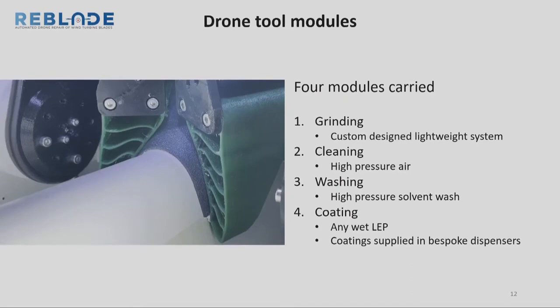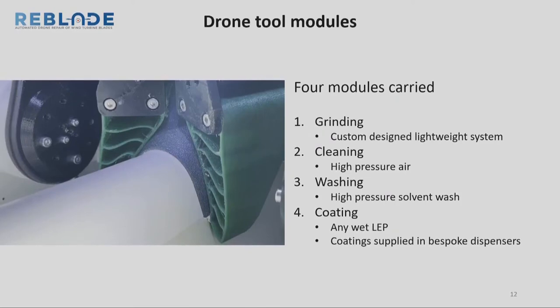You then use air to blow off all the dust, and then you wash under pressure with a solvent, IPA, to make sure there's no static holding any particles on, and you then apply the coating. All this is done at about 5 meters per minute. So it happens in one operation as the drone traverses along the blade.